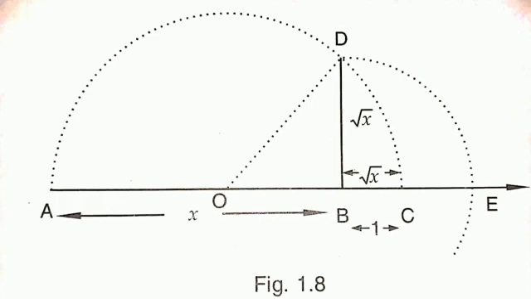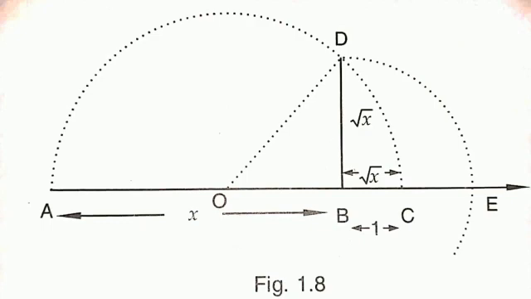Observe this figure and follow the steps which I have mentioned to construct this. Here we have AB equal to x units, BC equal to 1 unit. So AC will be equal to x plus 1 units. And since O is the midpoint of AC, we have OA equal to OC equal to (x plus 1) by 2 units.